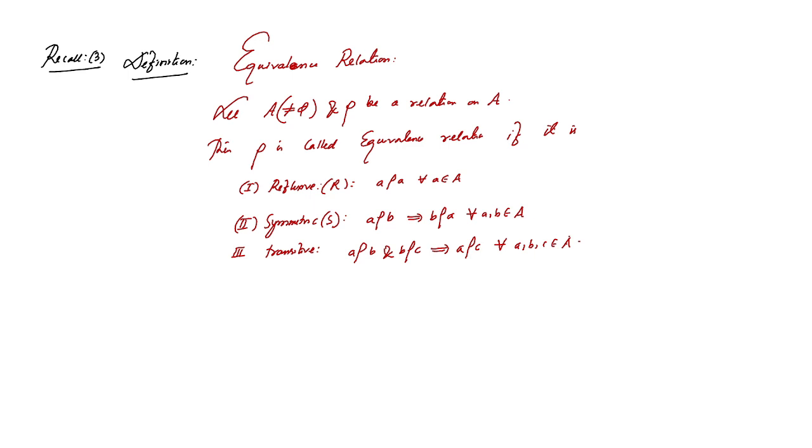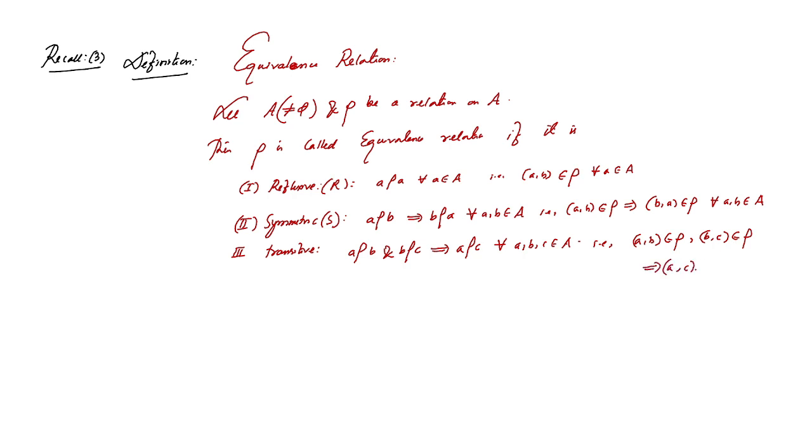Or here you can say (A, A) belongs to rho for all A belongs to A. Here you can say (A, B) belongs to rho implies (B, A) belongs to rho for all A, B belongs to A. And here you can write (A, B) belongs to rho, (B, C) belongs to rho implies (A, C) belongs to rho, as you wish.